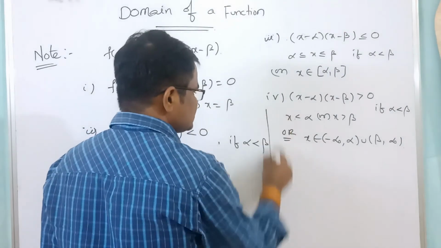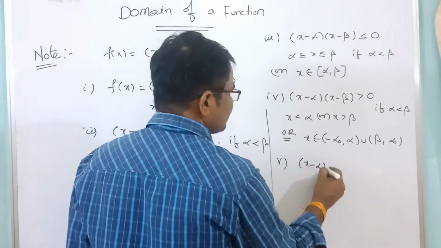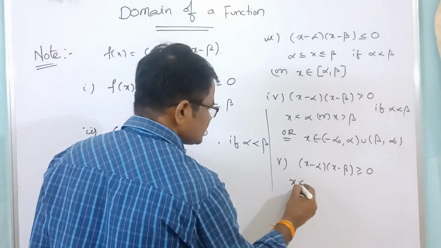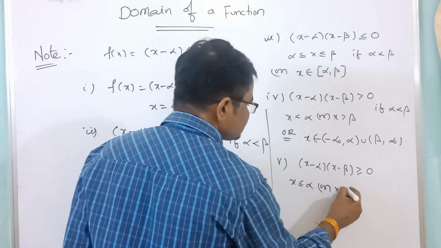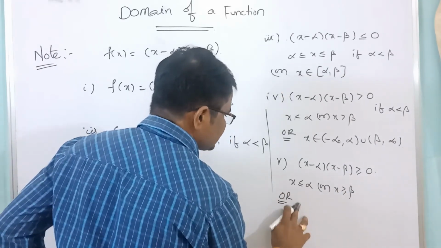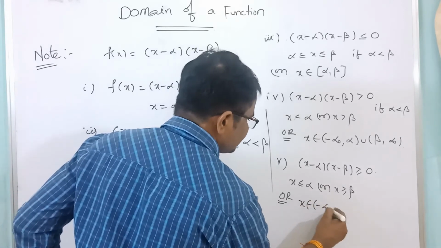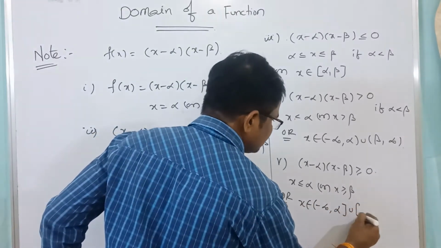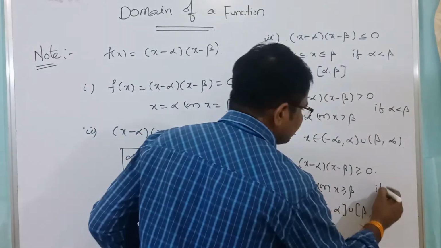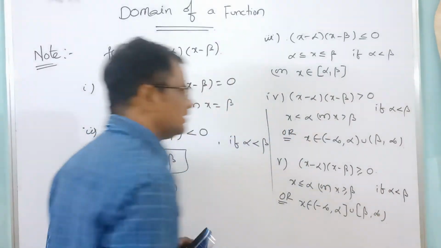Suppose x minus alpha, x minus beta greater than or equal to 0: here x less than or equal to alpha or x greater than or equal to beta. This can also be written as x belongs to minus infinity to alpha closed interval, union closed interval beta to infinity, whenever alpha is less than beta, right?